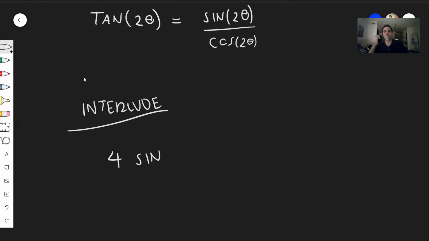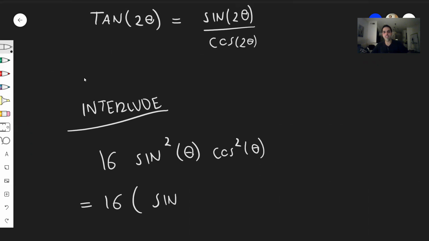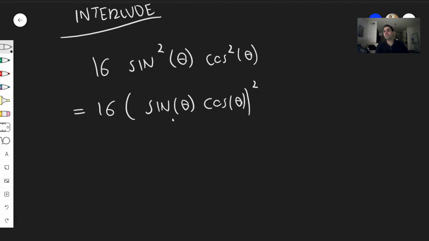So simplify, or maybe even better, simplify 16 sine squared of theta cosine squared of theta. Well, that becomes 16 times sine of theta cosine of theta, squared, again by definition. And because you see sine times cosine, that should remind you of the double angle formula.